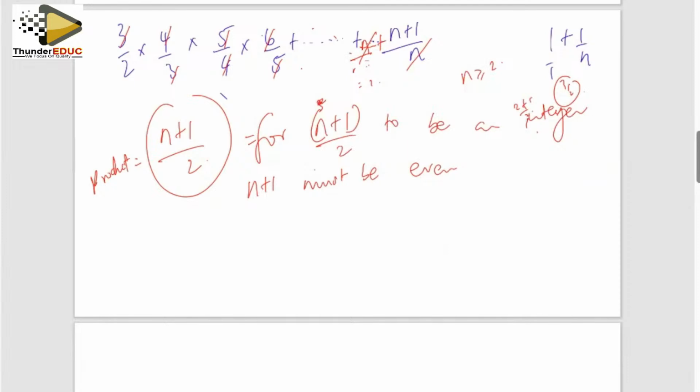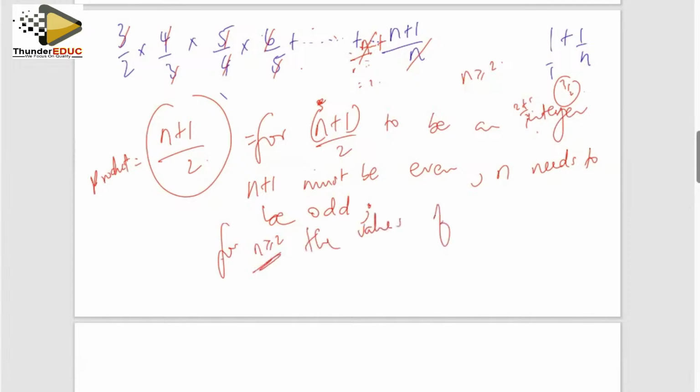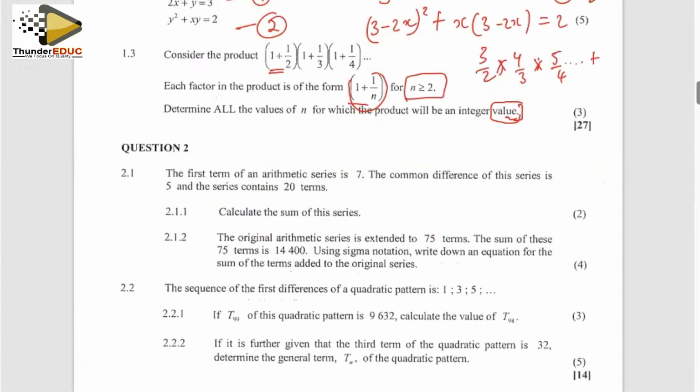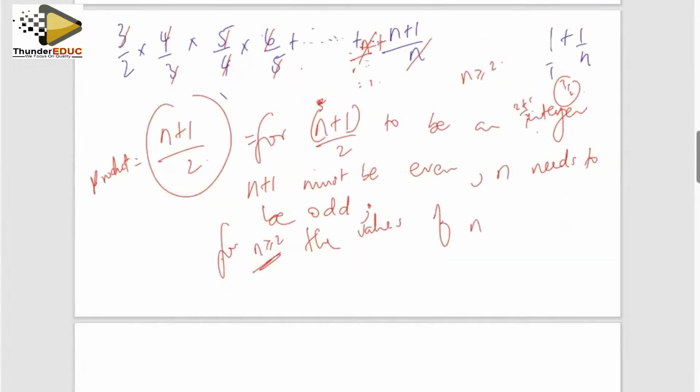And if it is even, n needs to be odd because we have already a plus 1, which makes the whole thing even. Okay, so if that is true, we're going to say that for n greater or equal to 2, the values of n will be all the odd numbers.